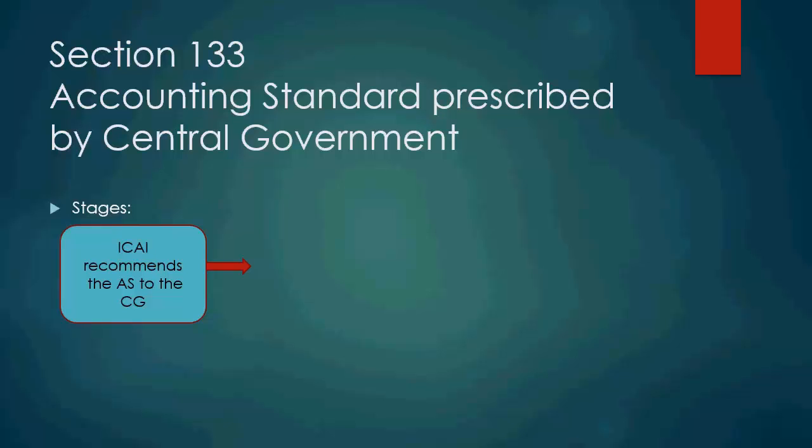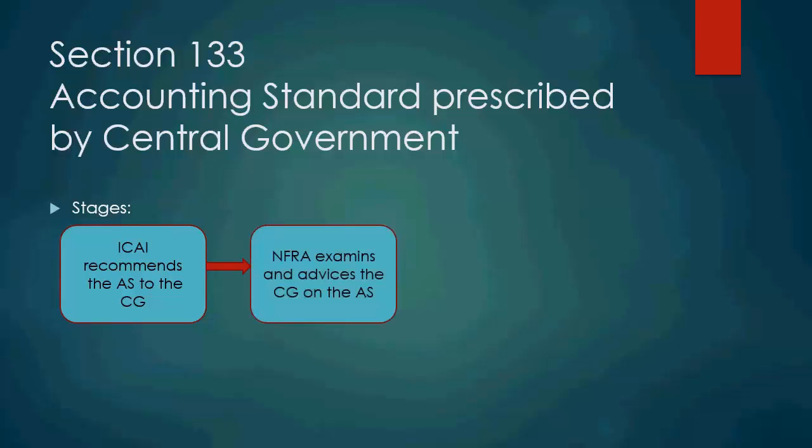Now, NFRA, the National Financial Reporting Authority that we have been talking about so far, will examine and advise the central government on the accounting standards recommended by ICAI for the companies. Right? And then the CG will notify the accounting standards, which will then be known as the notified accounting standards, after considering the recommendations given by the ICAI and the examination done by NFRA.